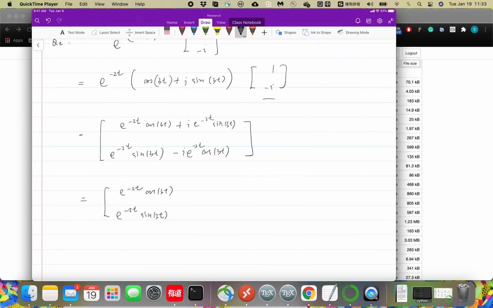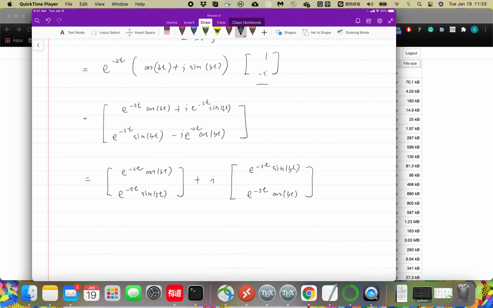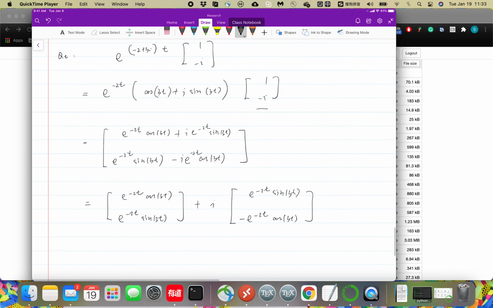Of course, you have a final complex vector. And then you can actually separate the real part and the imaginary part. Okay, that's what we got. If we put a negative here, that would be perfect.